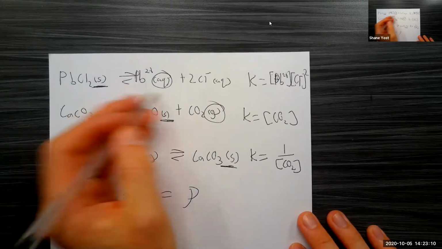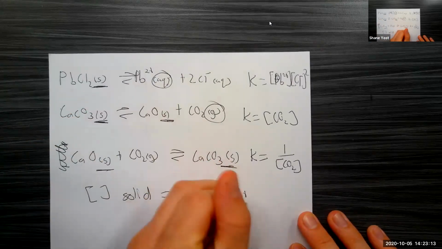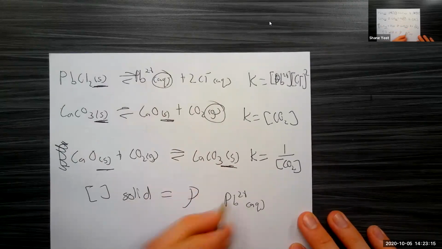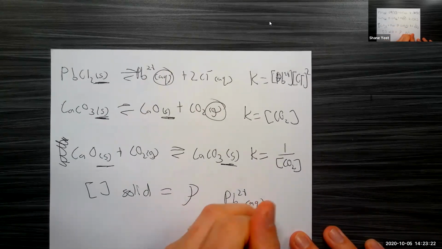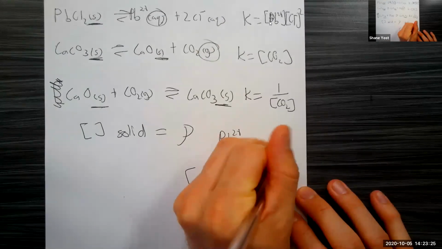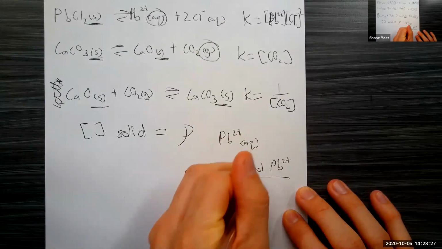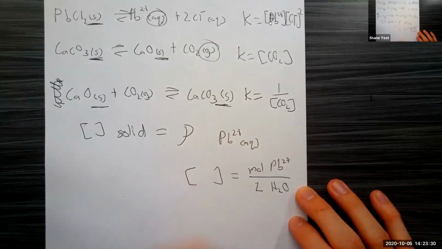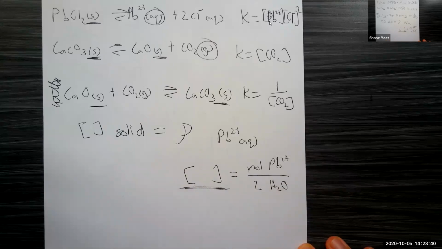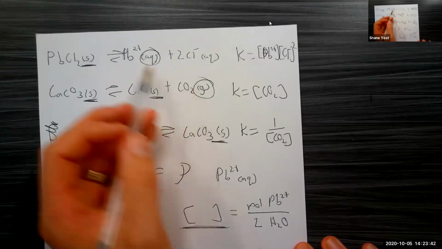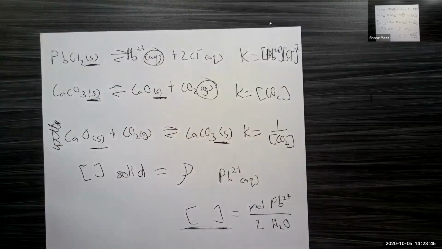Similarly, if I talk about Pb2+ aqueous, this is dissolved in water. As I use up the lead ions, the amount of water is the same. The concentration is the moles of Pb2+ divided by the liters of H2O. The volume of water is not changing during the course of my reaction, but the moles of lead will change, so the concentration does change during the reaction. So that's why we include gases and aqueous compounds, because their concentrations change during our reactions.